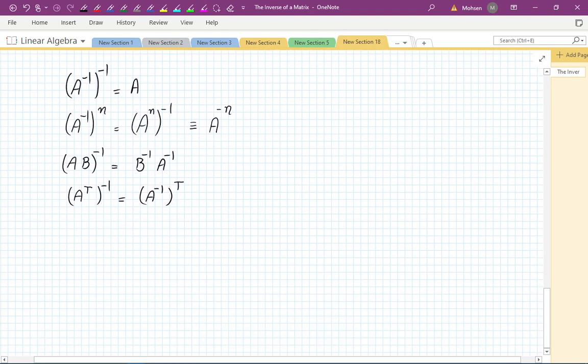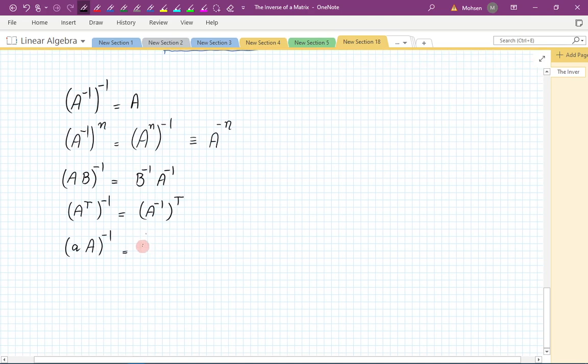And then what if I have a number A times a matrix, and I want to find the inverse of it, like double of a matrix, find the inverse. You can find the inverse of your number just like you would in high school, and then the inverse of your matrix. So this rule is still there, resembles the stuff that we had in high school.